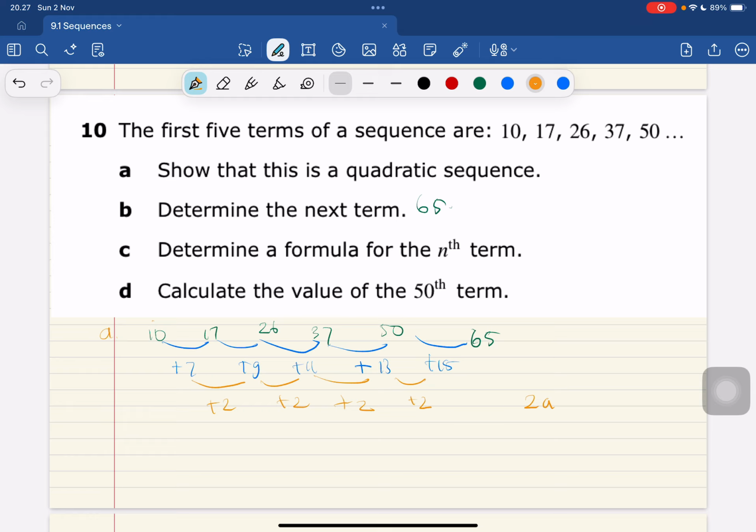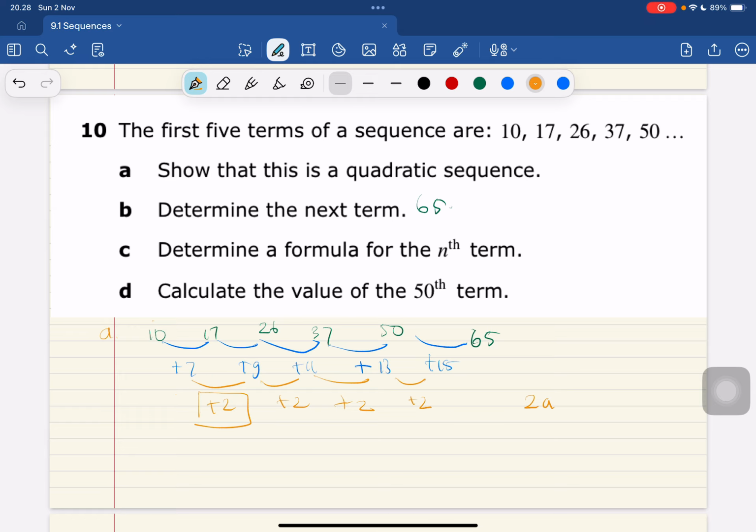So we'll make it 10 to be 7. Let's check it here. So this is plus by 2, so it's going to be 2a, isn't it? 2a.